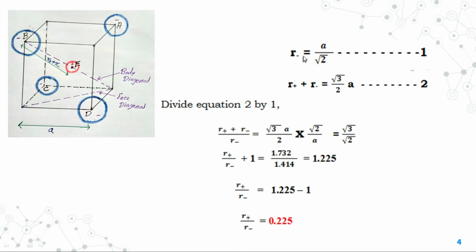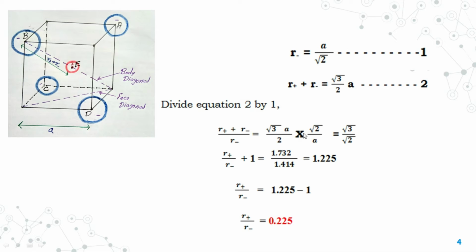Since now we have equation 1 and equation 2, we divide equation 2 by equation 1. On the left hand side we get R plus plus R minus divided by R minus, equal to root 3A upon 2 divided by A upon root 2.